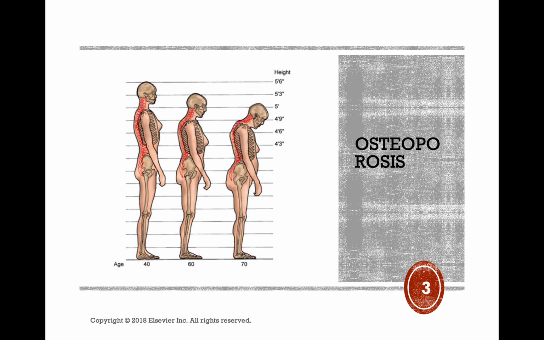And then also I can see that we might be seeing some compression of structures within the abdominal cavity, maybe leading to issues like constipation or digestive issues. So while we think of osteoporosis as a bony concern, it definitely can have an impact on other body systems as well, because of those structural changes that we see in the skeleton.